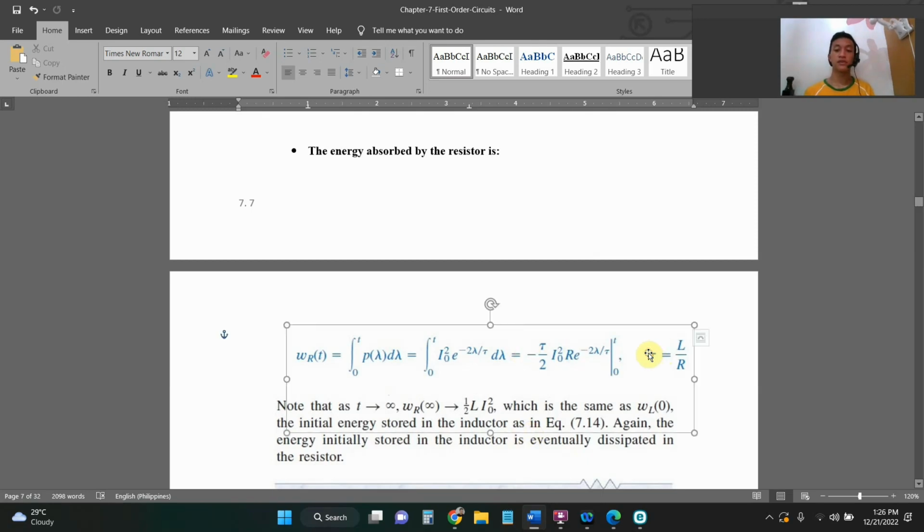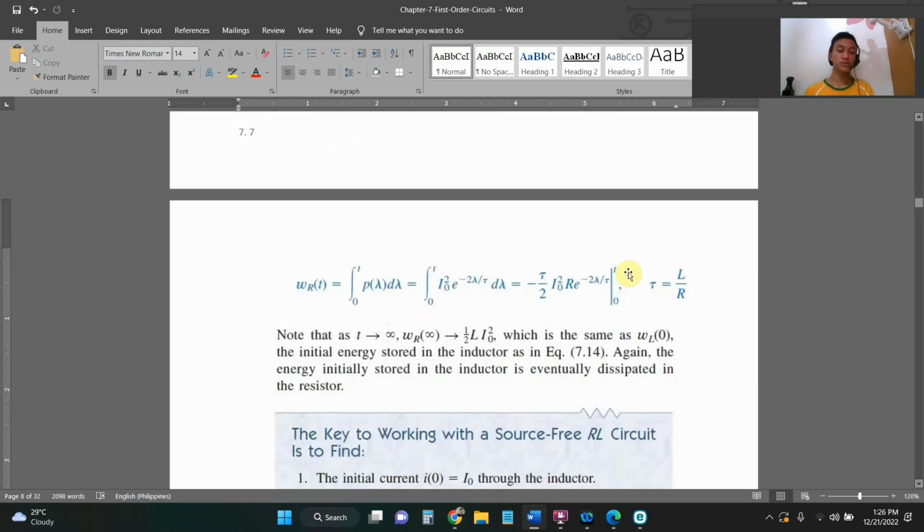So as you remember, in the inductor, tau is equal to L over R, whereas in the capacitor, tau is equal to RC. So it should be noted that there is a difference between the value of tau in the inductor and capacitor.